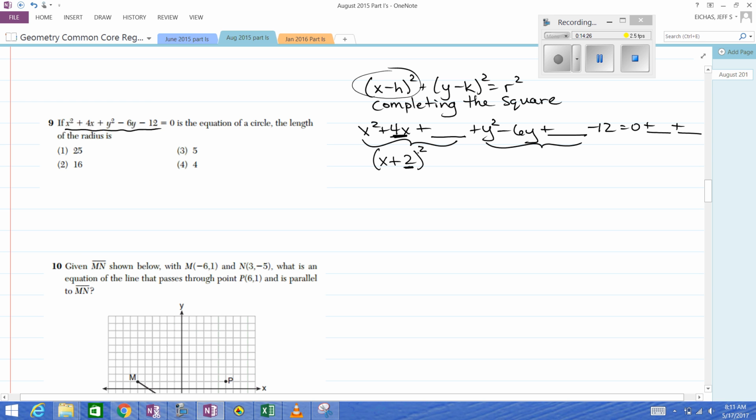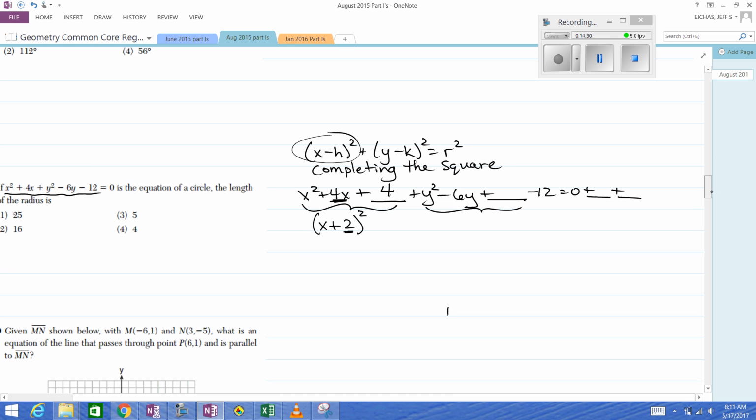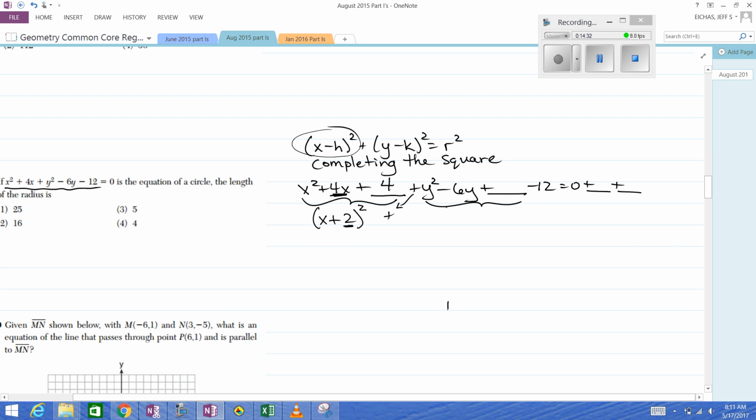Then we think 2 squared is 4. Now we have this plus sign right here, and then these three are going to move into a perfect square. Again, cut in half: y minus 3. Negative 3 squared is 9. So these two numbers are what complete the square. The 4 and the 9 are the two different squares that are there.